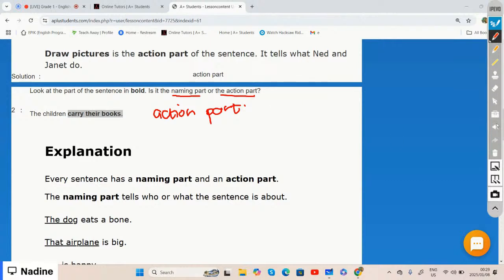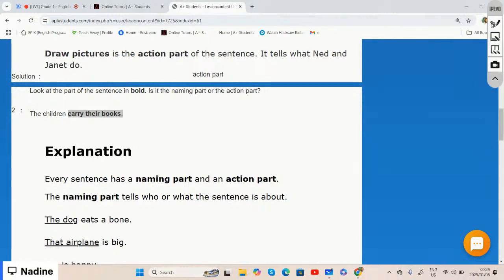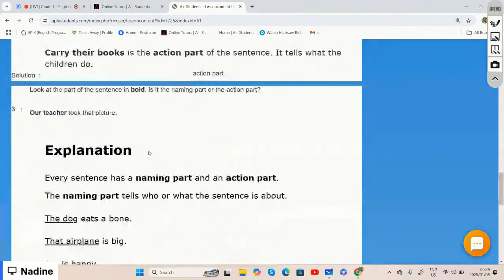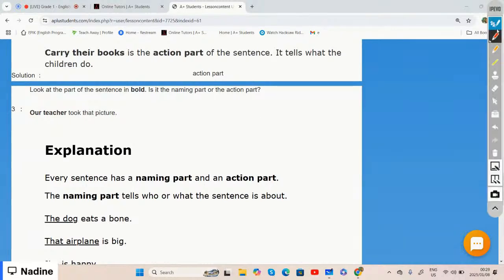All right, and the last one, and then we're going on to our test. It says we need to look at the part of the sentence in bold. And then we need to say if the part of the sentence in bold is either a naming part or an action part. Our teacher took that picture.